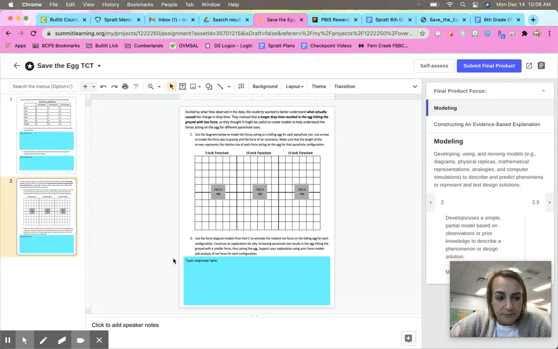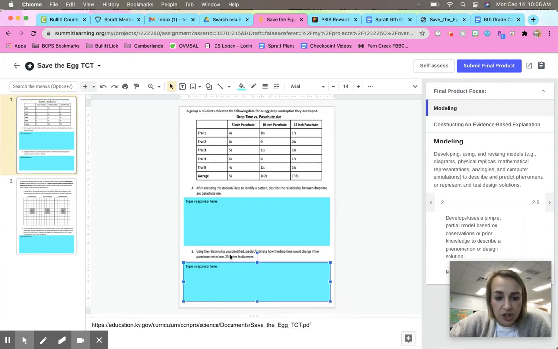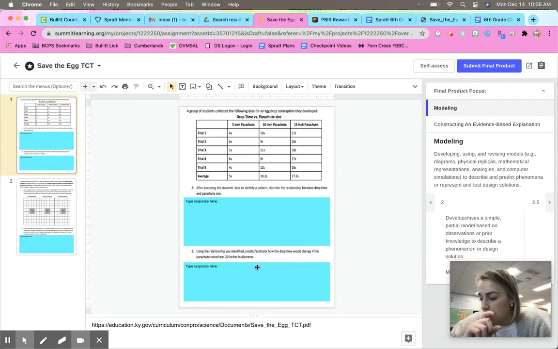B says, using the relationship you identified, predict and estimate how the drop time would change if the parachute tested was 20 inches in diameter. So on B, you're telling me what is going to happen if they were to increase the parachute size again. What if they increase it to 20 inches?